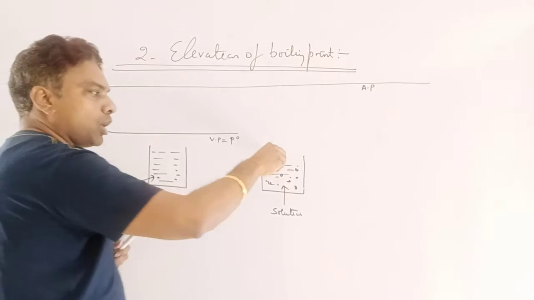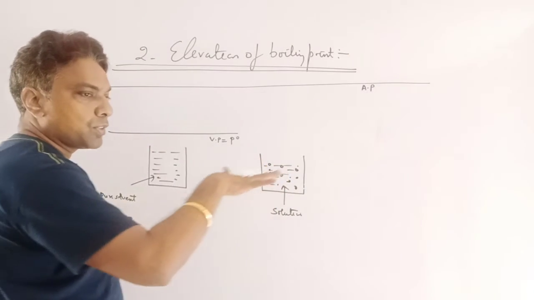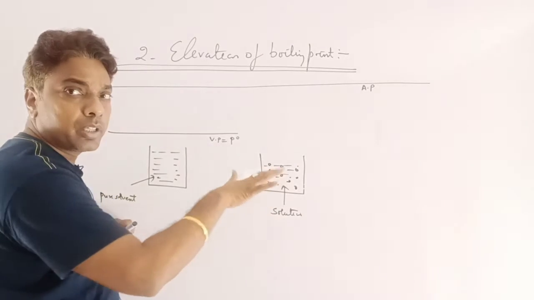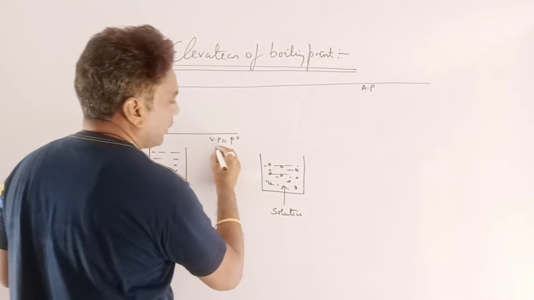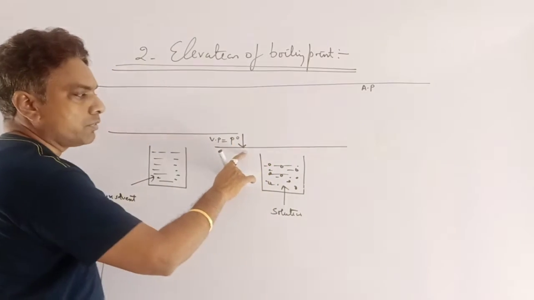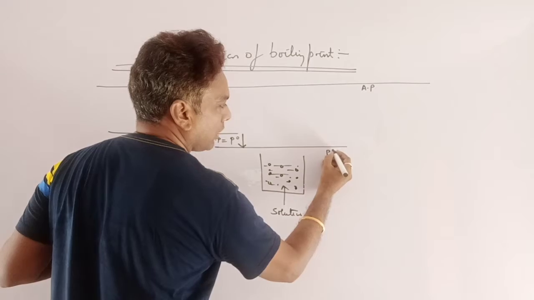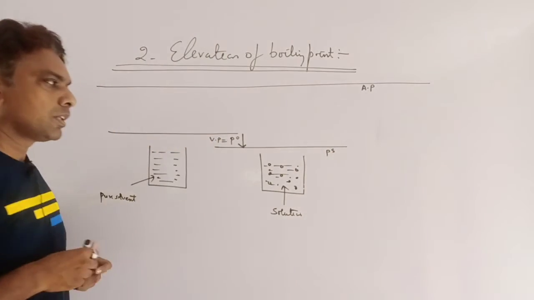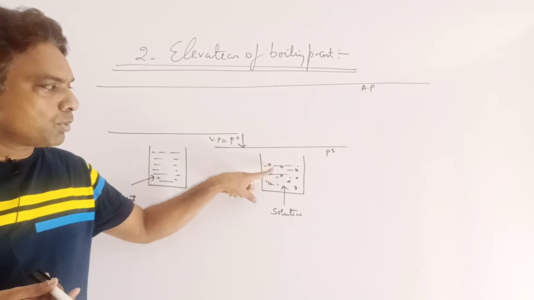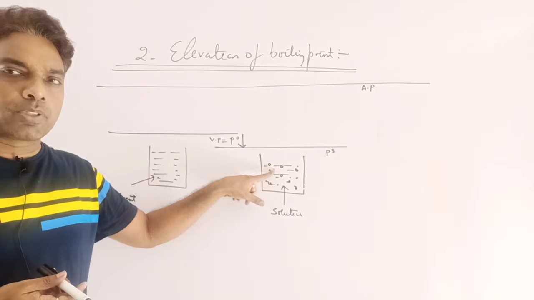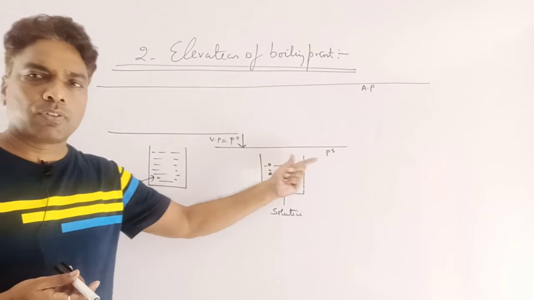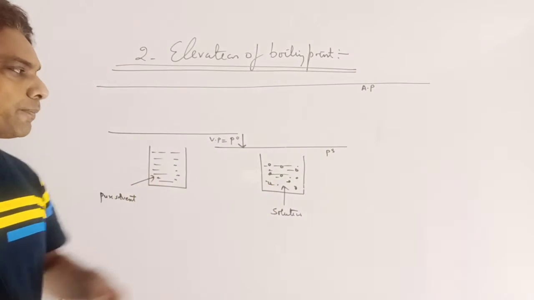After mixing a small amount of solute, the surface area of the solvent particles will decrease, so the vapor pressure of the solution will decrease. The decreased vapor pressure is shown by the given line denoted by PS.